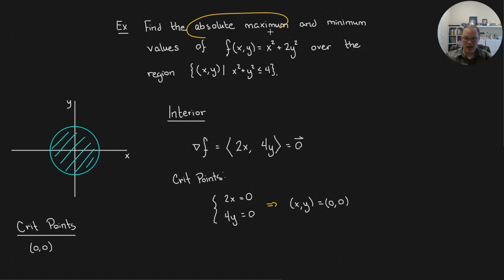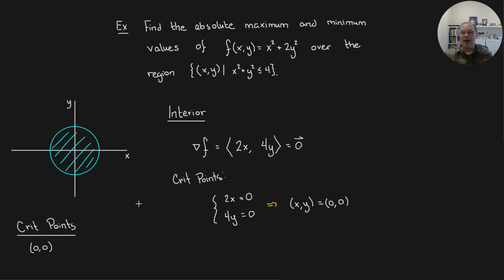Since we know we have an absolute max and an absolute min, we know that whichever point gives us the biggest value, that will be our absolute max. Whichever point gives us our smallest value will be our absolute min. Okay? So we won't worry about whether this is min or max until we get all the critical points. All right? So we're done with the interior.